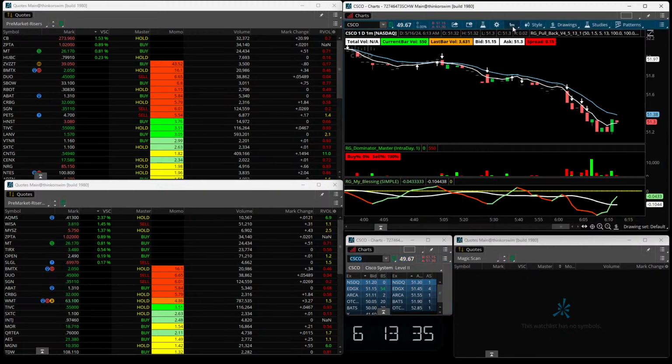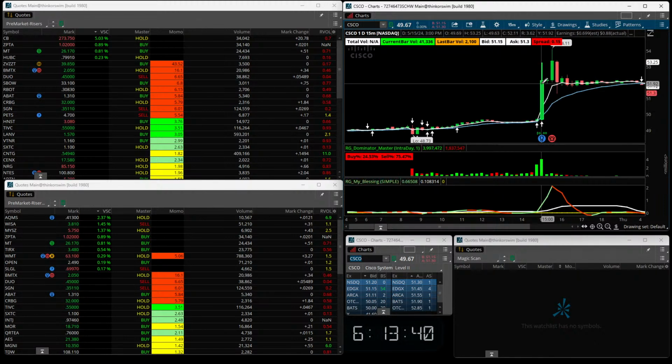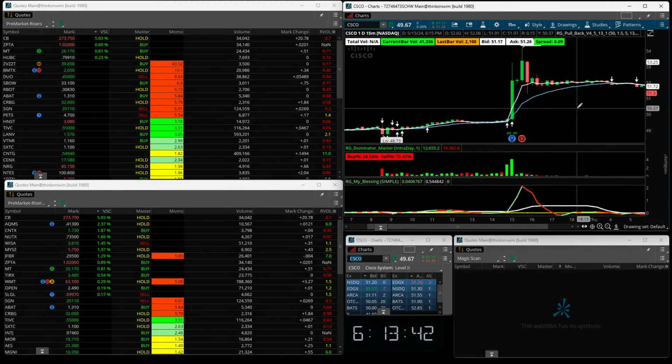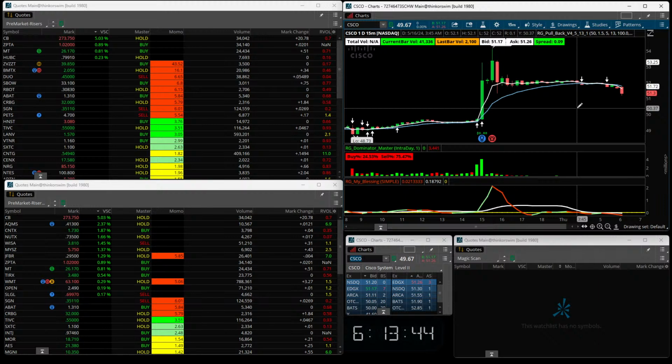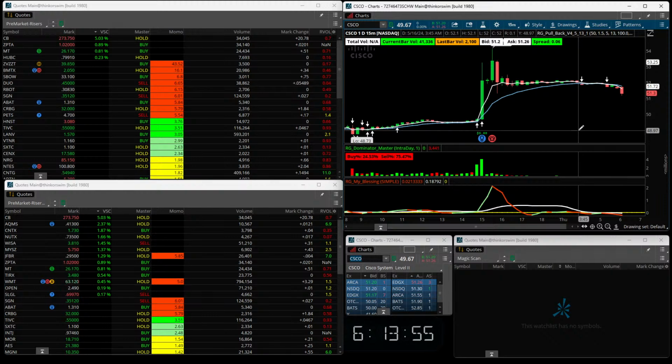Go back to the 15-minute chart. So this is the move I played yesterday when the market closed. I think I got in here somewhere. It was already up this high by the time I spotted it. Got about 75 cents in here.